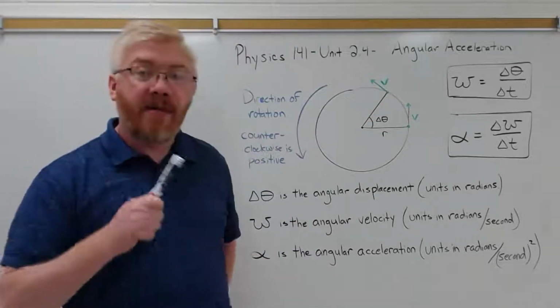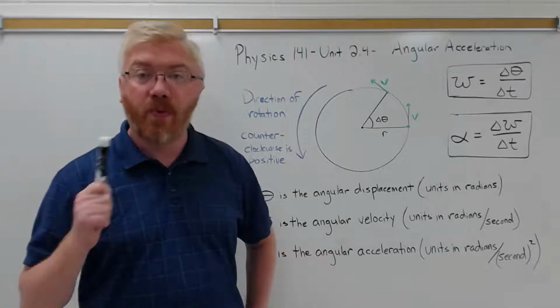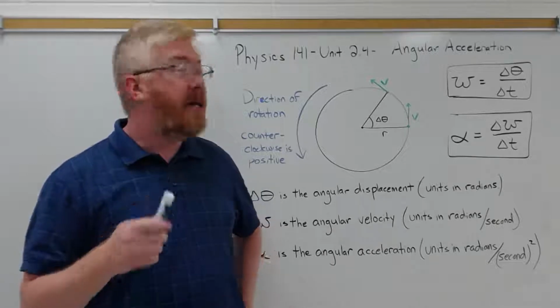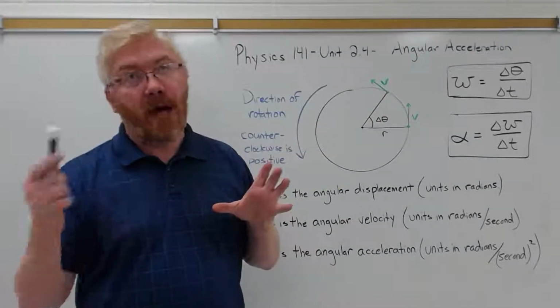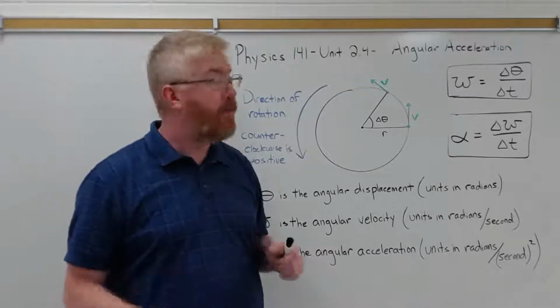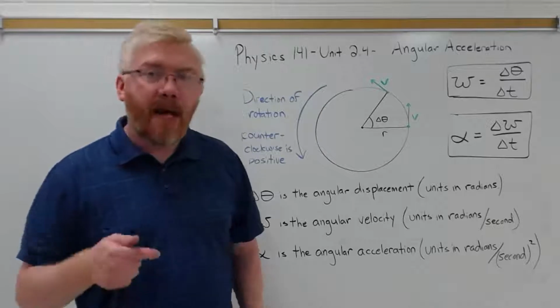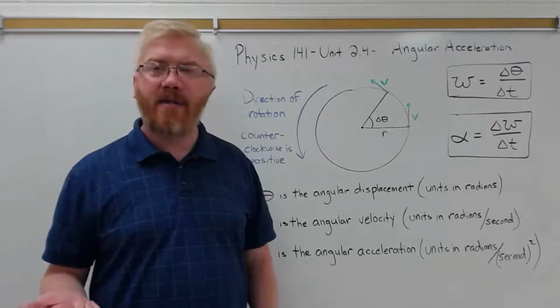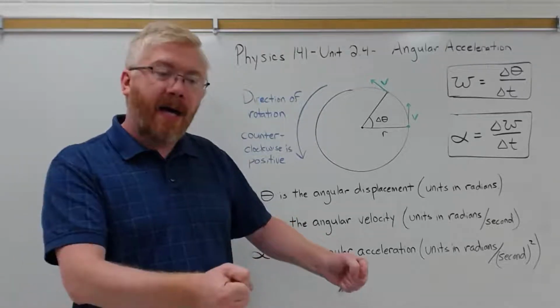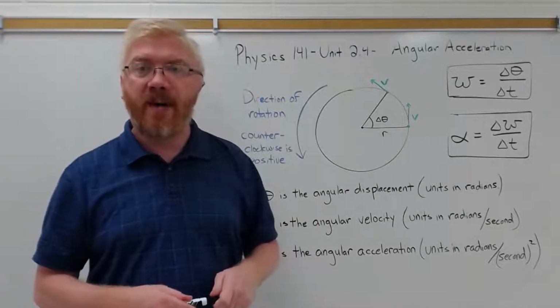Now for uniform circular motion, we stopped there because this thing was rotating at a constant rate, constant omega. Imagine Earth going around the sun, that occurs once a year, right? Or the Earth rotating on its axis, that occurs once every 24 hours. It is a constant, approximately, angular speed or angular velocity. However, when we talk about angular motion, we can actually change how fast something spins, right? Think of a bicycle. While you're stopped, your wheels aren't spinning, but as you pedal, your wheels start to spin faster and faster.